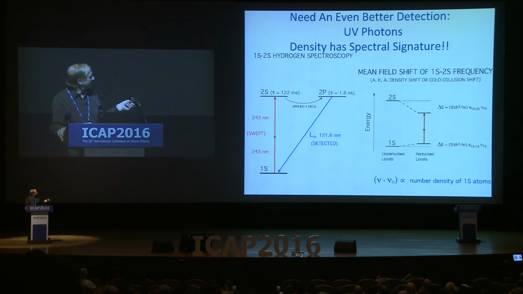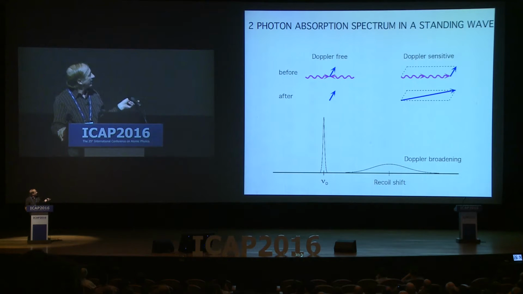And in addition, if you look at the line, there are two lines, one from counter-propagating UV photons and one from co-propagating, and you would then get two peaks associated with them. And the second peak down here would be Doppler broadened, and we'd be able to actually measure the velocity or the temperature essentially in the system.